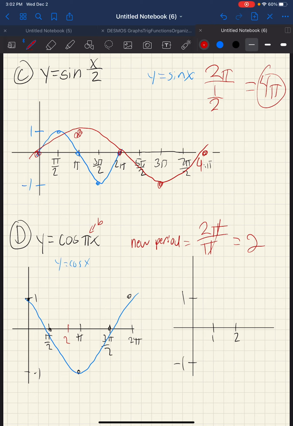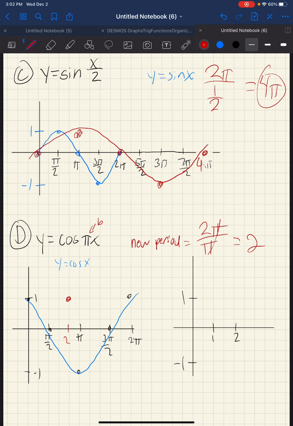And you're like, that is really weird. Don't worry. For every 2 pi, or for all your answers, you'll just divide it by pi. So 2 pi divided by pi, you get 2.